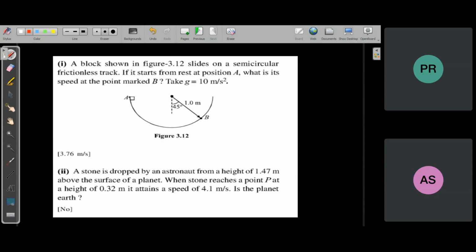Why will you do R minus R cos 45? Think about it. Draw the diagram. It should be simply mg into R cos 45. Or R plus R cos 45? No. How can it be more than R?